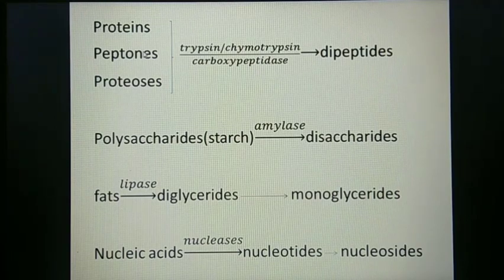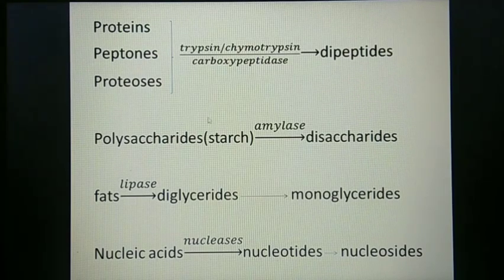All the proteins may not be converted into peptones and proteoses inside the stomach, so the rest of it will be converted. All these three will be converted into the next similar form called dipeptides, with one or two amino acids. Peptide is the name of the bond found between amino acids, the peptide bond.